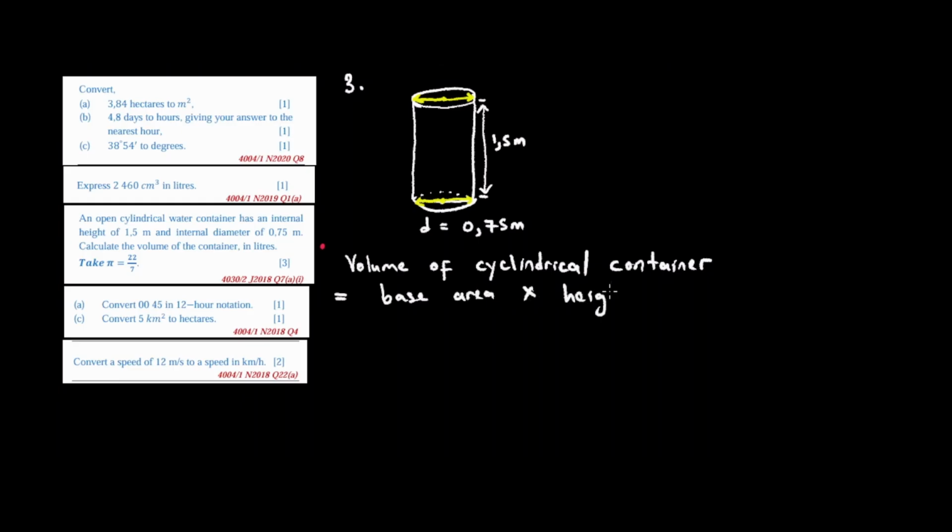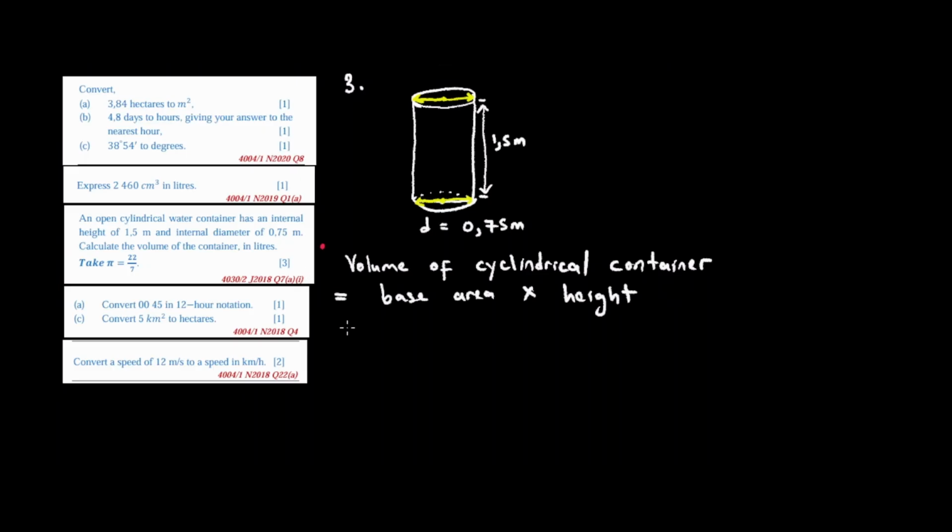Any volume, it does not matter what prism it is, rectangular prism or triangular prism, even though for a triangle it's a little tricky, or a box, volume is equal to base area times height.